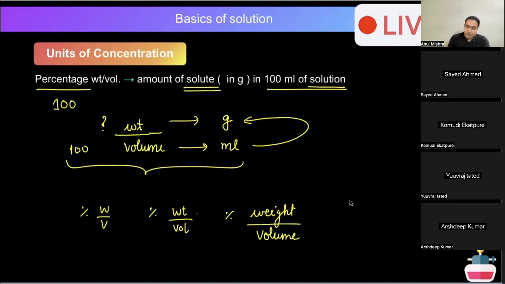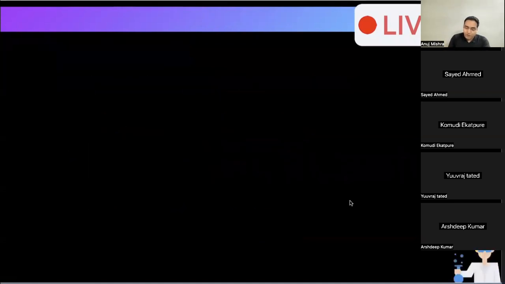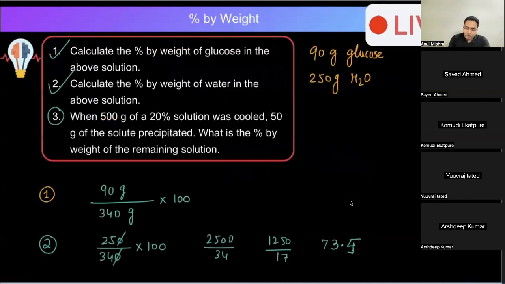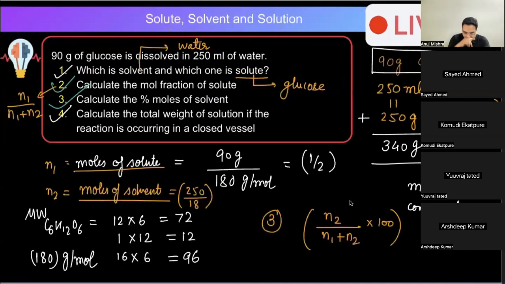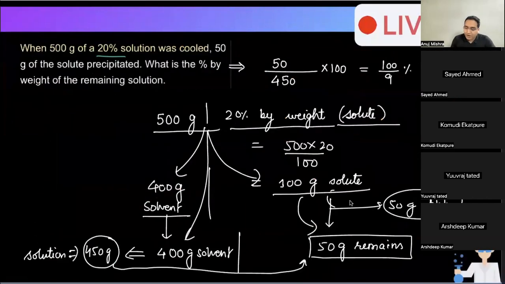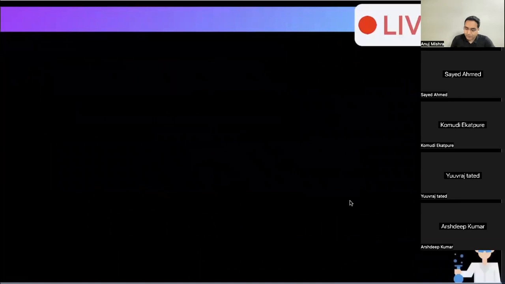Now come back to this. Everyone understood this, so I will connect you with the previous question once again. Go back to the question: 90 gram glucose in 250 ml of water. Can you recall this question we did in today's class initially? Let us try this question for percent weight by volume case.